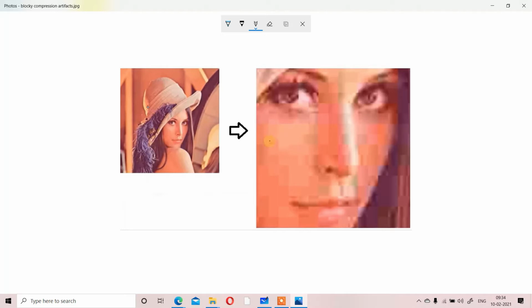The input image on the left side is split into a number of blocks, and over each block, step by step, all the operations are done, and due to that, in the transformed image you get those blocks. So this is the disadvantage, and it is basically shown in the JPEG format. Whenever you consider a JPEG image and apply the DCT over it, you can see that type of result. So that is the disadvantage of DCT. Clear?